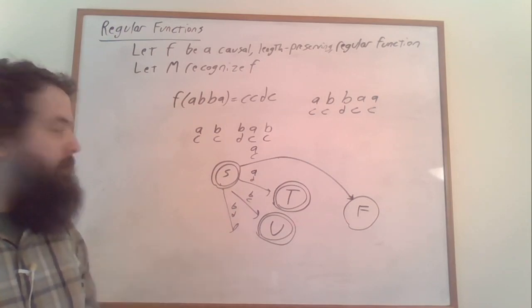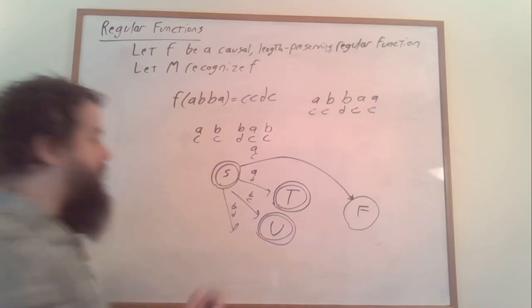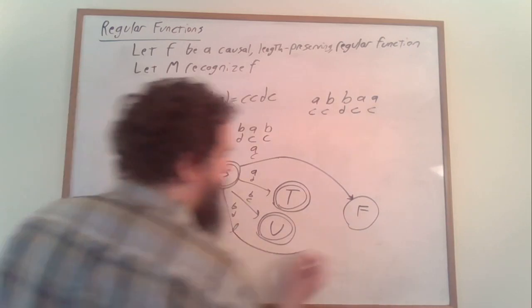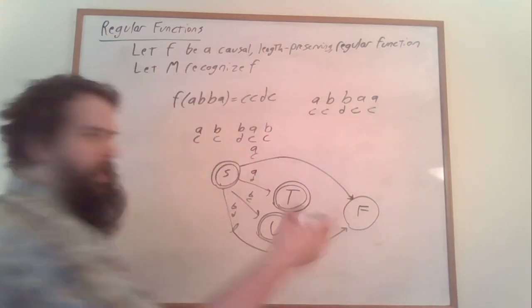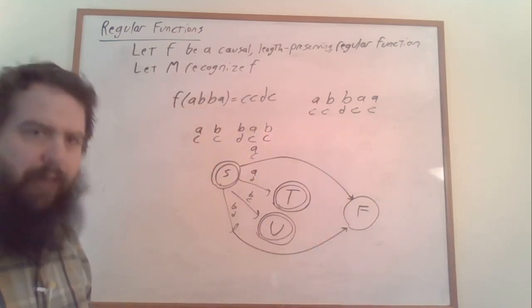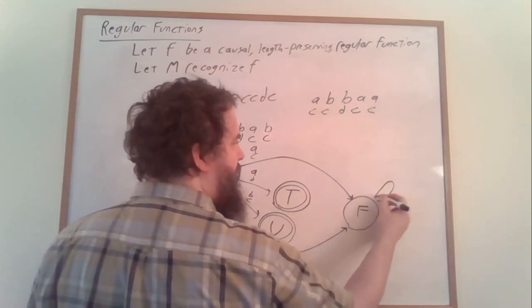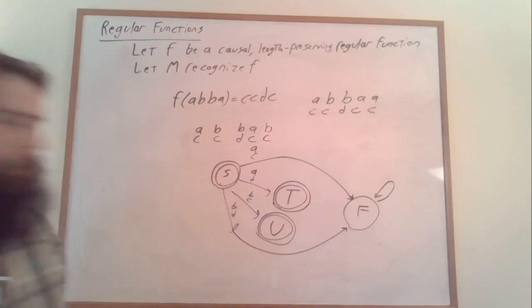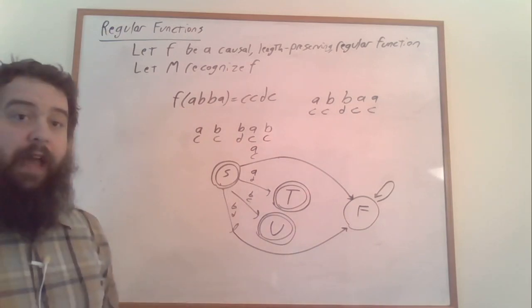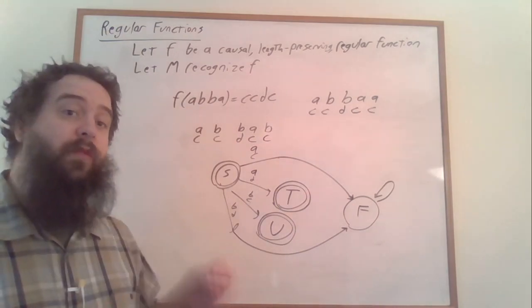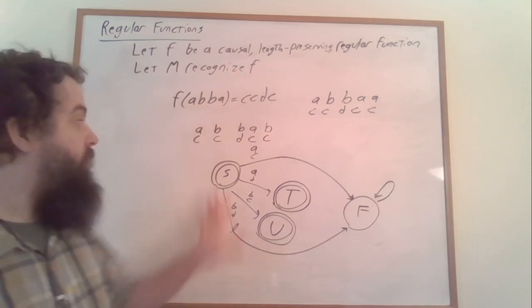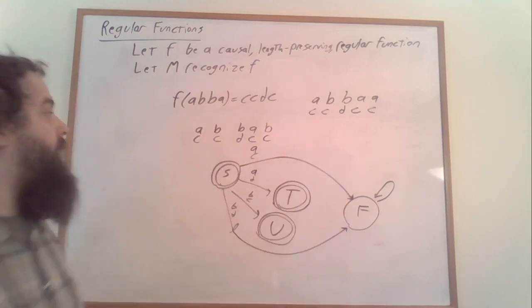And so if we read a BD, again, we're going to wind up in a failure state. And by the Myhill-Nerode theorem, this can be the same failure state. And if we're in the failure state and we read any character, we just wind up in the failure state again.